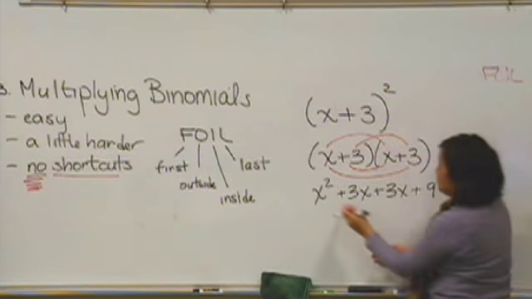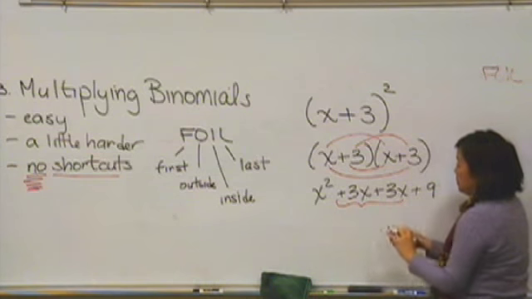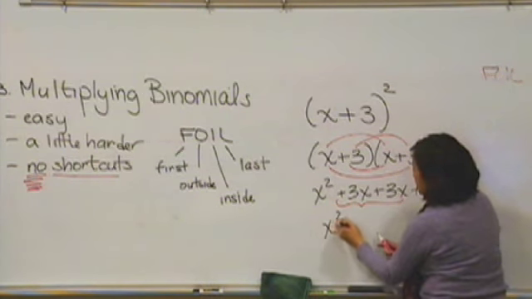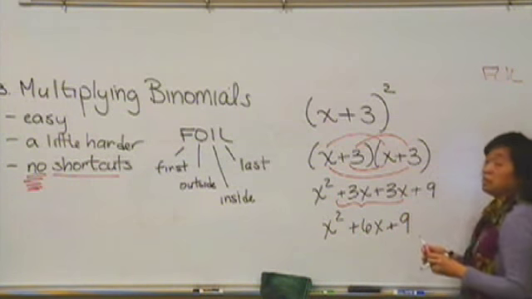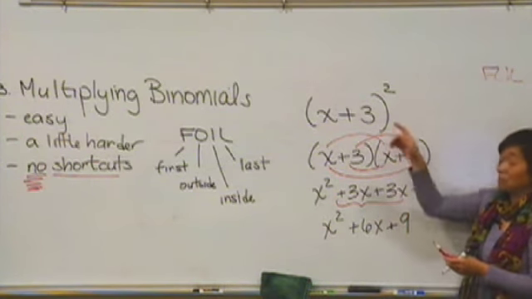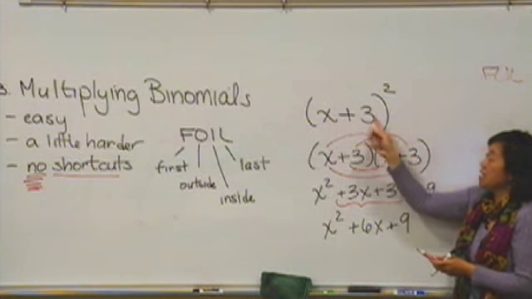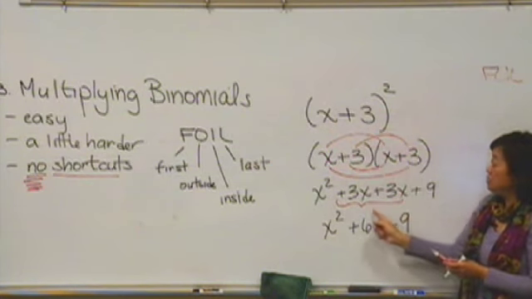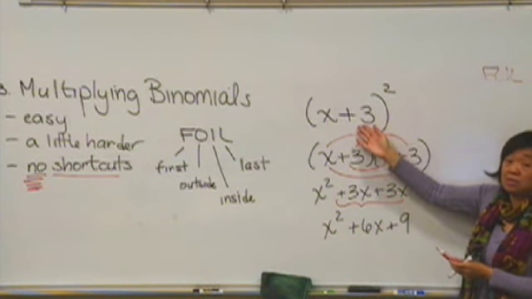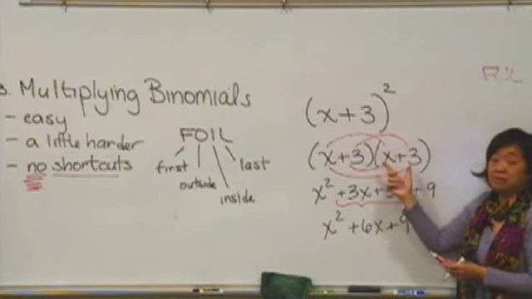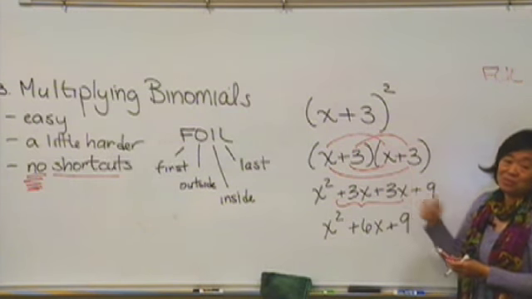What we should do is combine the similar terms in here. So a final answer would be x squared plus 6x plus 9. Hopefully you can see that if you were to accidentally take the tempting but wrong shortcut of just squaring x and squaring 3, you would be missing this middle term here. So when you see one like this, I really recommend just write it out and then apply FOIL like you always would.